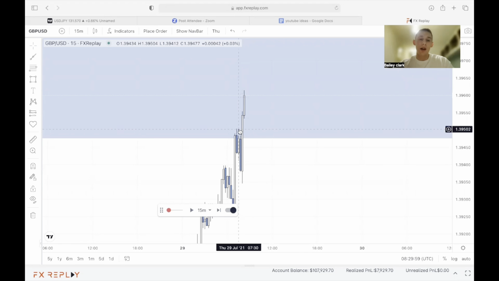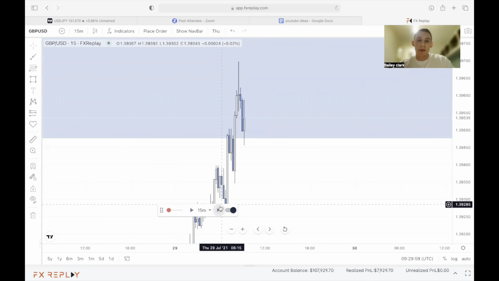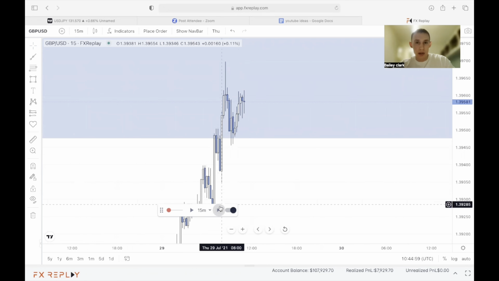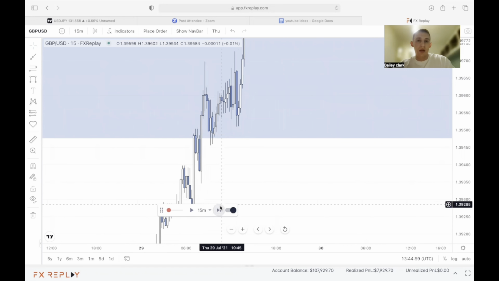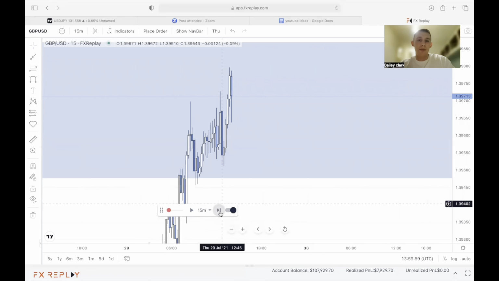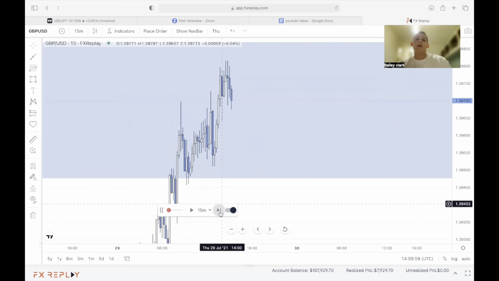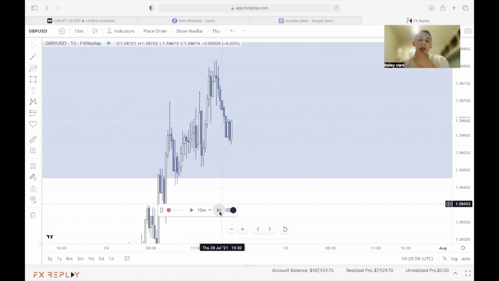Price printed a higher low here. So that becomes our next interest area for sales. Higher low again. See if it sells or breaks.